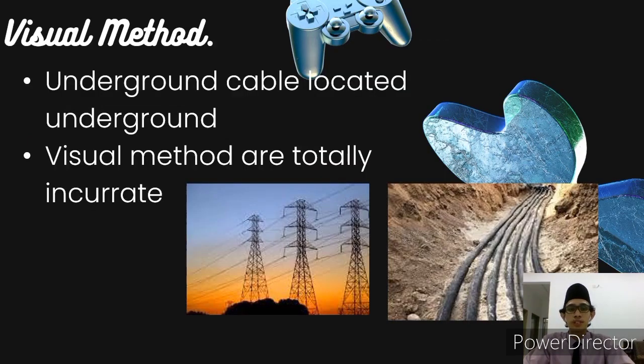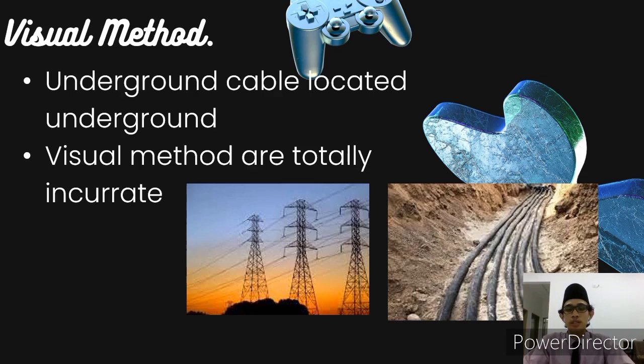Moving to the first point, the difficulty in finding faults in underground cable is the visual method. If we make a comparison between the underground cable and the overhead cable, the location of both cables is different, which is the underground cable is located under the ground. Meanwhile, the overhead cable is hanging in the air.